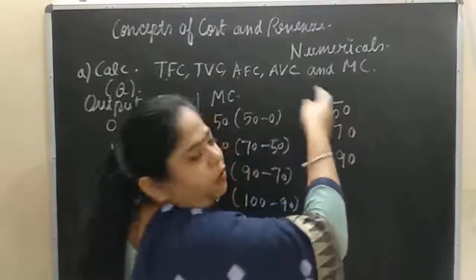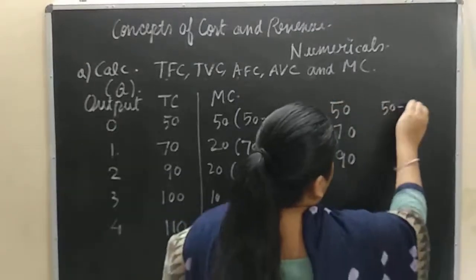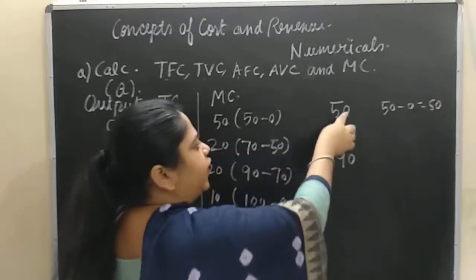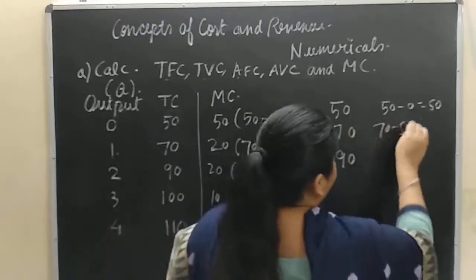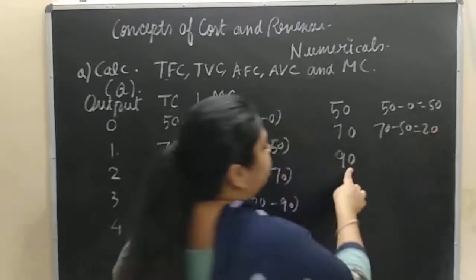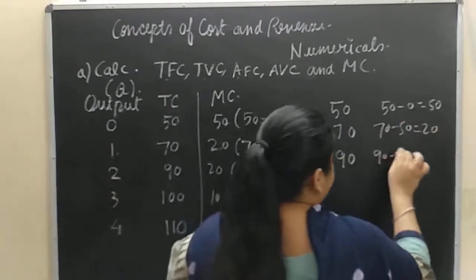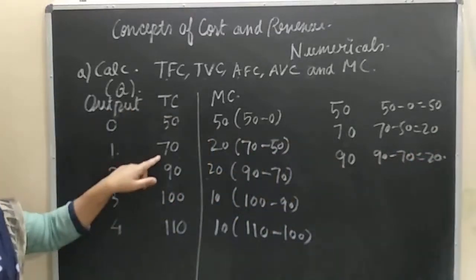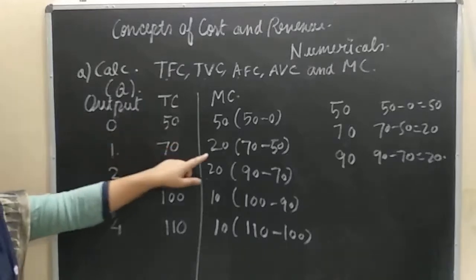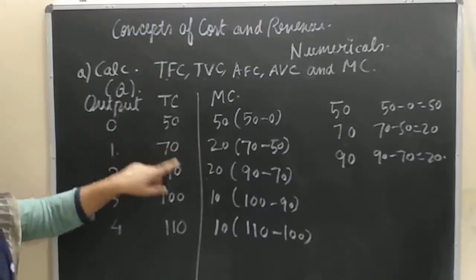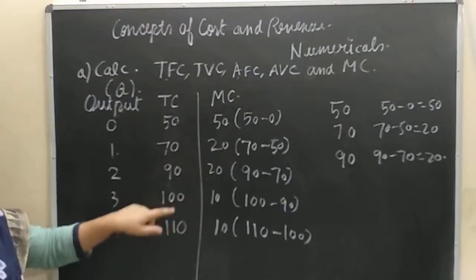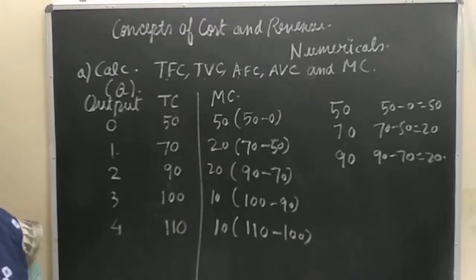You deduct the upper value from the lower: 50 minus 0 equal to 50, from 70 you deduct 50, which gives 20, and from 90 you deduct 70, which gives 20. 100 minus 90 gives you 10. 110 minus 100 gives you 10. In this manner, you calculate the marginal cost.